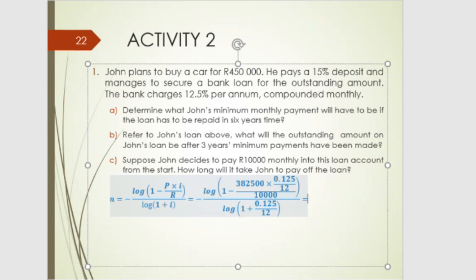Okay, so then you find 49.04. So this 49 is like 49 months. When you get this value, divide it by 12, since the payments are monthly.